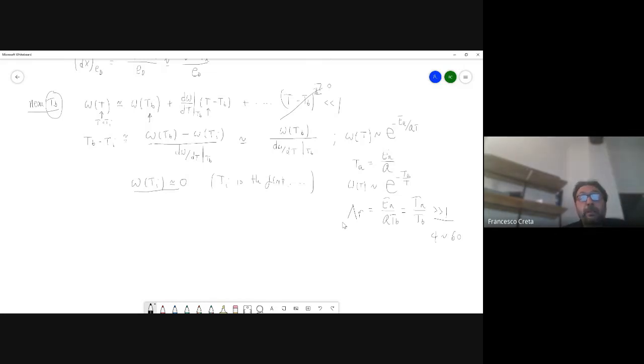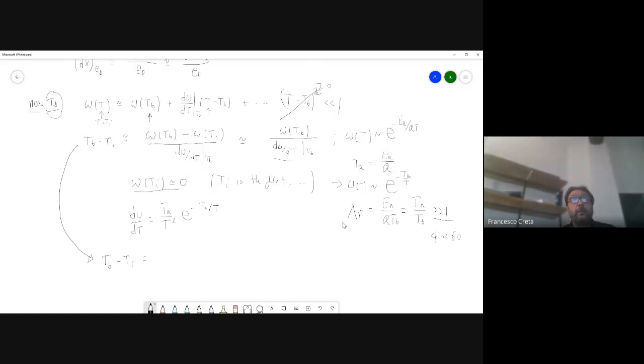How do we express this derivative here, d omega by dt at this point? Well, it's pretty straightforward. If we consider this expression, TA over T squared, e to the minus TA over T. So let's continue here for our search for the expression for TB minus TI.